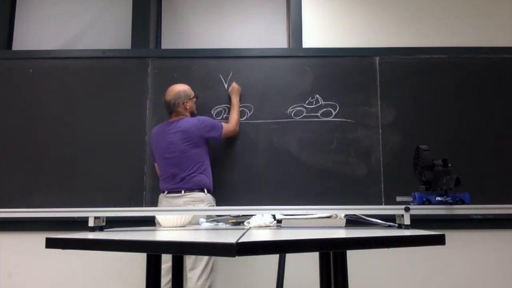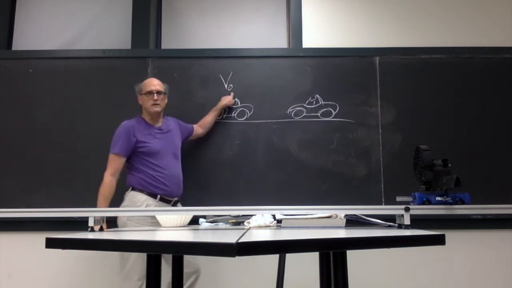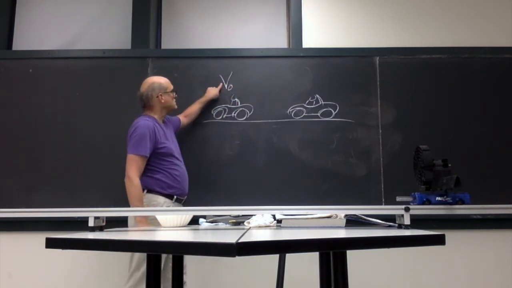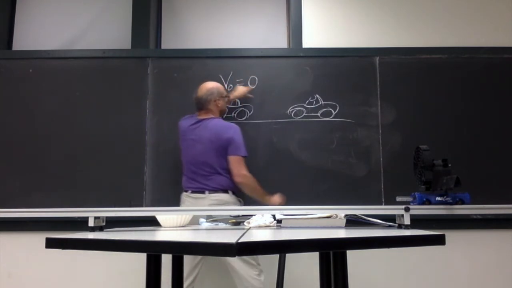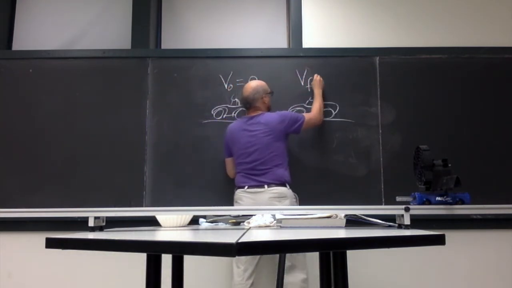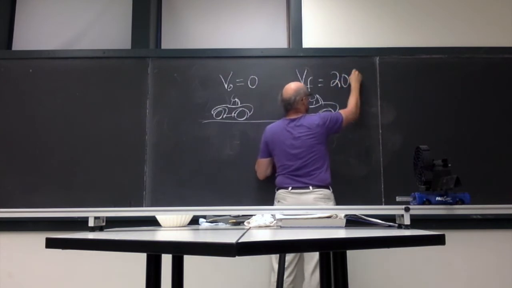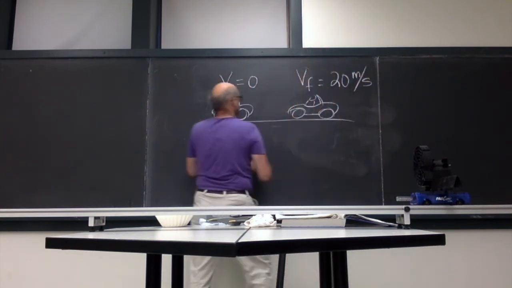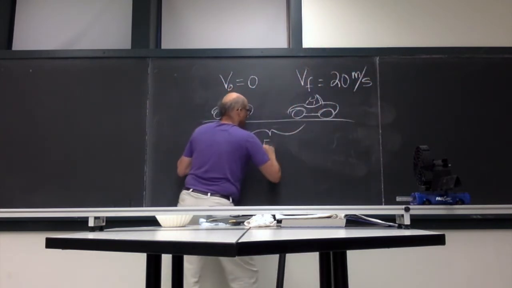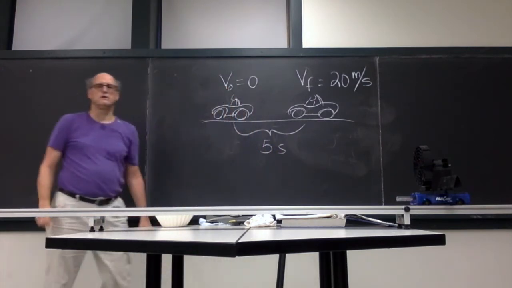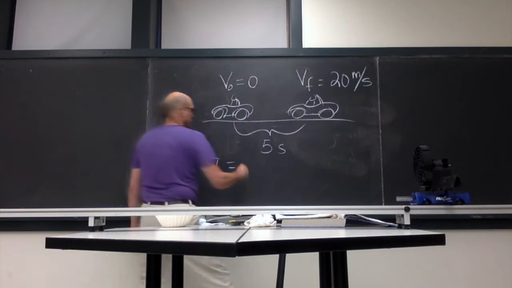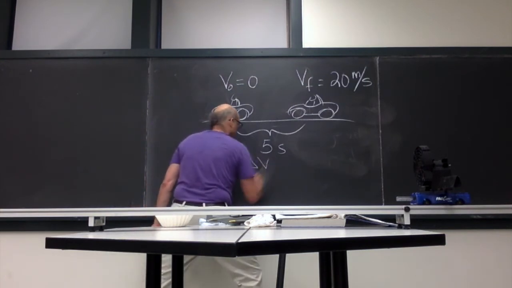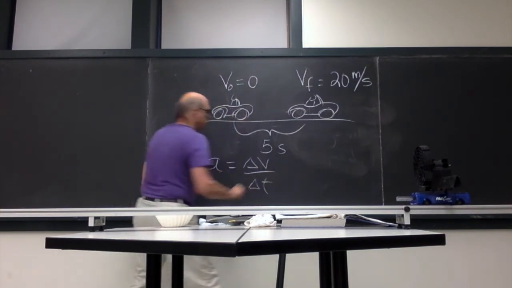So it starts out from rest. So we're going to say original speed, V0, equals 0, and it ends up going 20 meters per second in a time interval of 5 seconds. What is its acceleration? Well, acceleration is equal to the change in the velocity over the change in time.